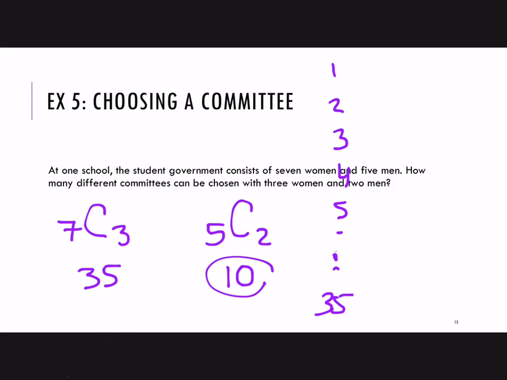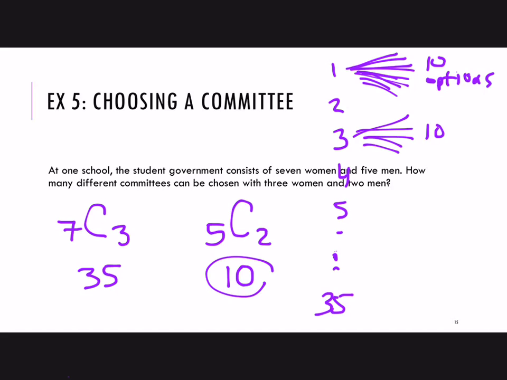So if this was a tree diagram, it would be branching off from each choice of women into 10 options for choosing men. And what you end up with is this huge tree diagram with 35 different first branch options and then 10 off of each of those, or you just multiply those together.